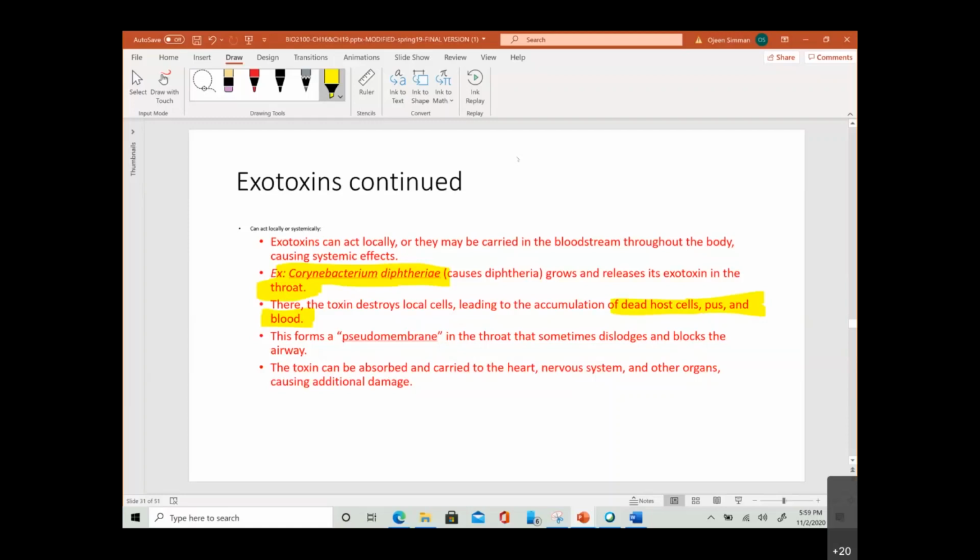Eventually, this leads to the formation of a very characteristic physical exam finding called a pseudomembrane in the throat. Now, the pseudomembrane can sometimes break and get stuck in the airway, leading to suffocation.